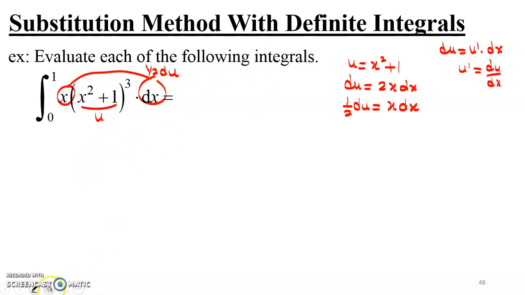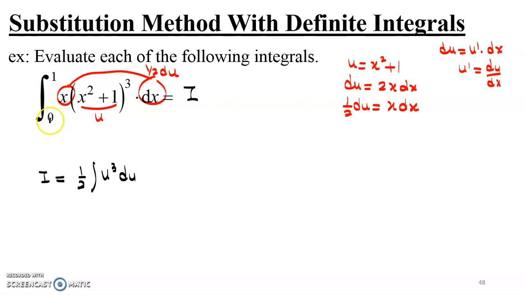So if I were to call this integral I, going back to I, I would in fact be equal to half times the integral of u cubed times du. Now over here, since we are dealing with a definite integral, we have bounds.